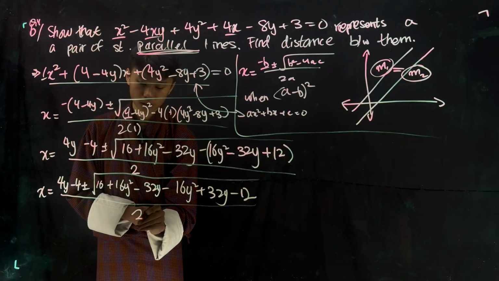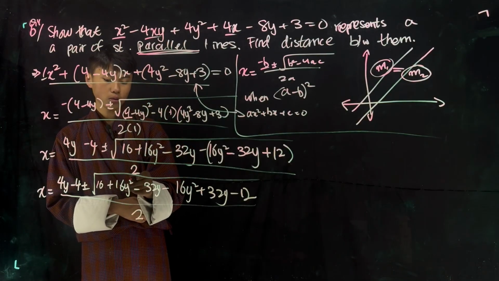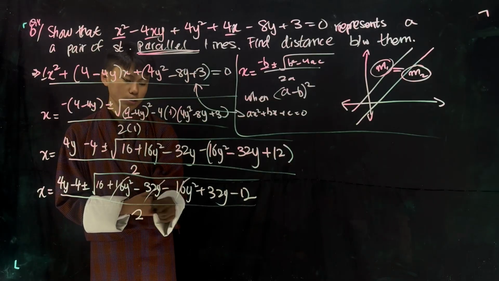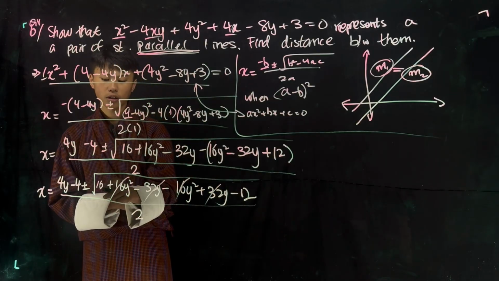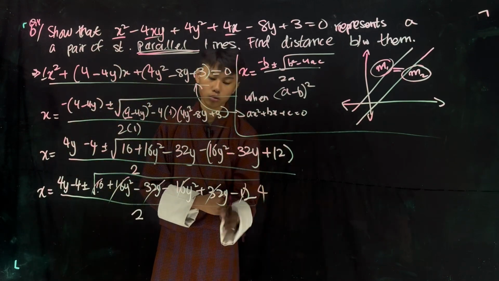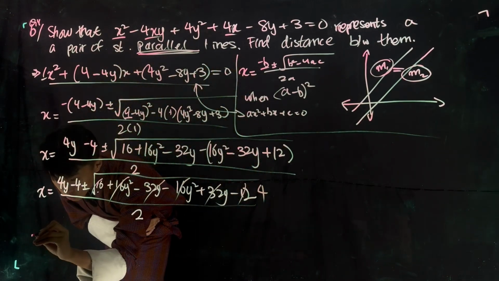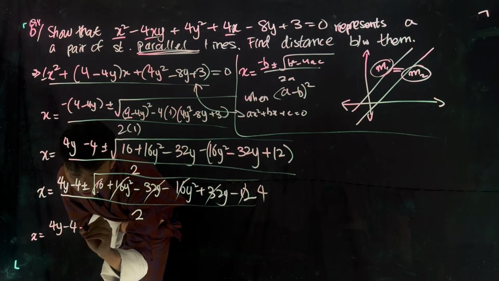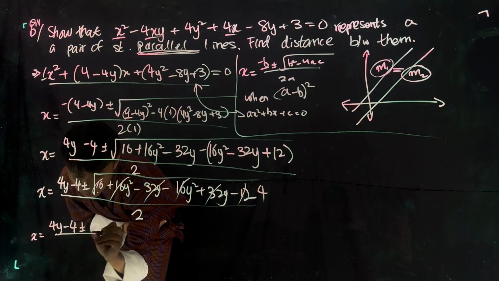Okay, the whole divided by 2. Now we all know that 16y square minus 16y square will cancel out, and then these two terms also cancel out. Now we are left with 16 minus 12, which will give us 4, and the root of 4 is 2. So x should be equals to 4y minus 4 plus minus 2 divided by 2.